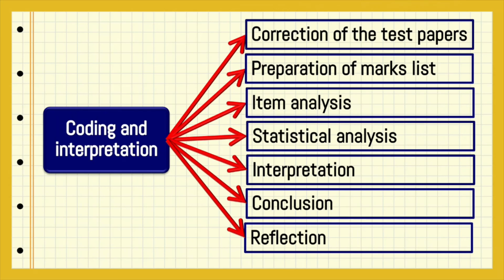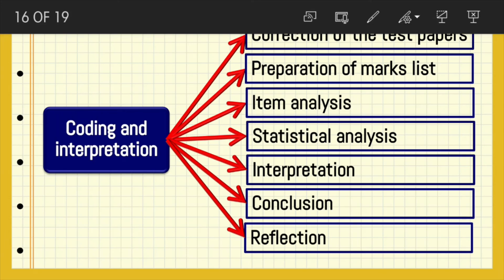The last step in unit test conduction is coding and interpretation. So, for this step, first is to correct the test papers and present the scores in a mark list. Prepare item analysis table by entering each student's correct or incorrect responses for each question. Analyze the data based on simple statistical methods like mean, median and mode.